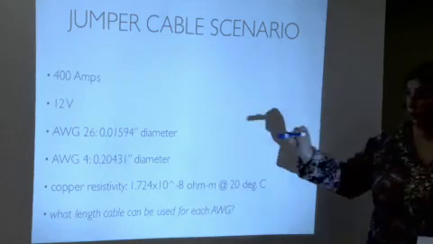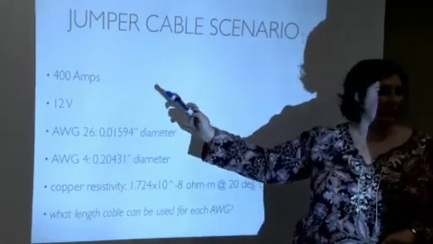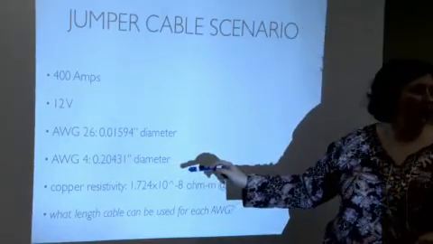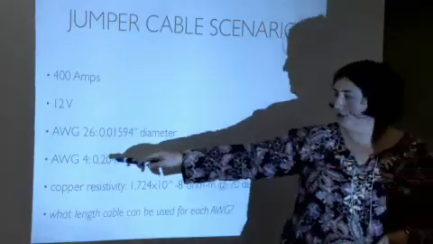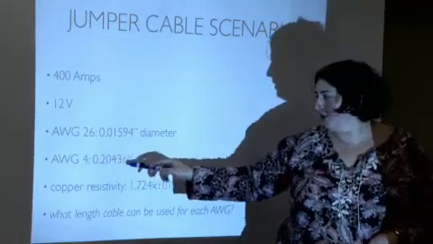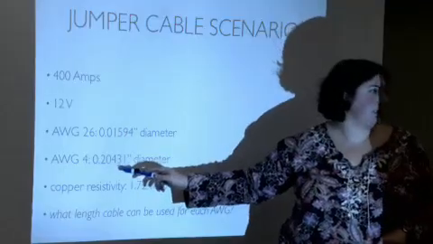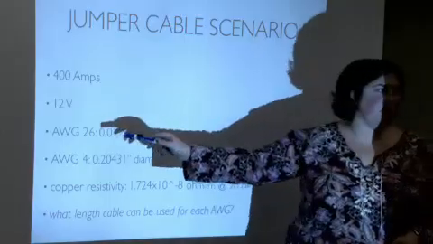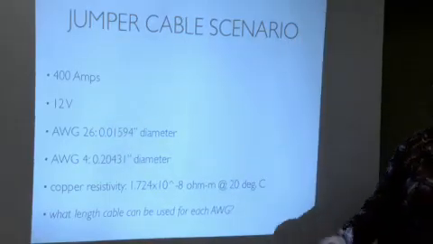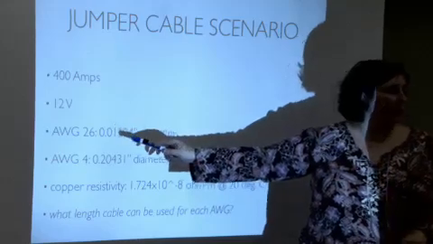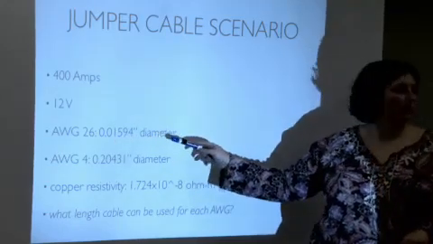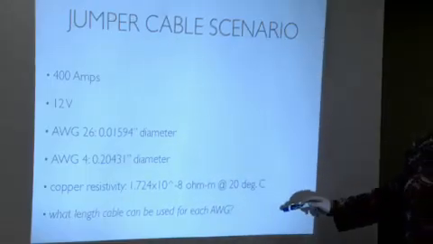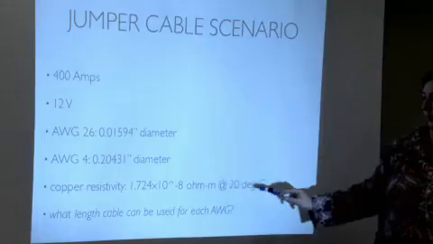So you're providing somewhere on the order of 400 amps at 12 volts, and the typical jumper cable is a wire gauge of 4, which translates to 2/10 of an inch in diameter, versus a typical wire like you used on your lanterns, which is on the order of a wire gauge of 26, a much, much smaller diameter. We're going to assume we're using copper, so that's the copper resistivity.